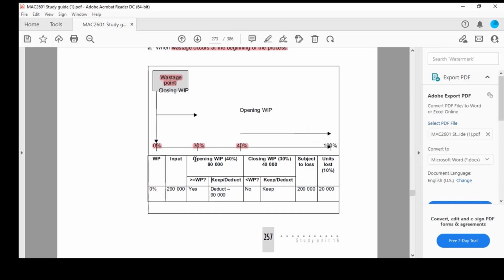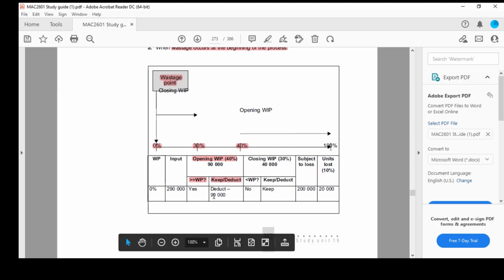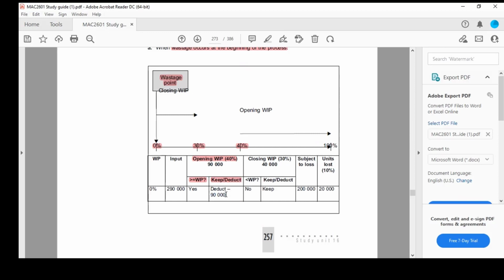So it's past that point. So you ask yourself, opening WIP, is it greater than the wastage point? Yes or no? Yes. Do you keep or do you deduct? You deduct it, because that's rule number 1, right? Okay. Closing WIP is 30% complete.